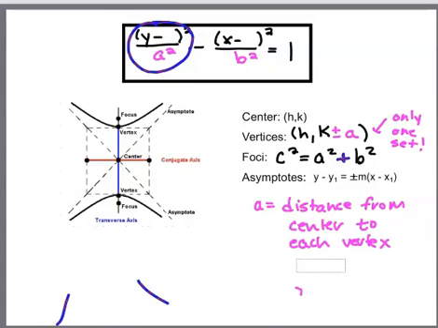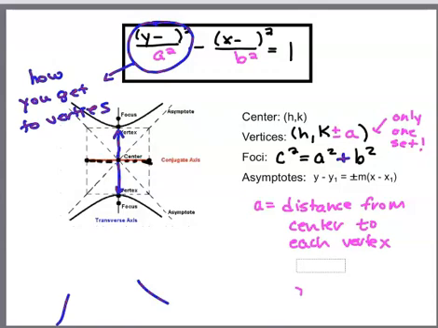The first one is how you get to the vertices. And remember, if it's under the y, you're going up and down. That just means that's where the vertices are. We still go right and left to help us find that rectangle.